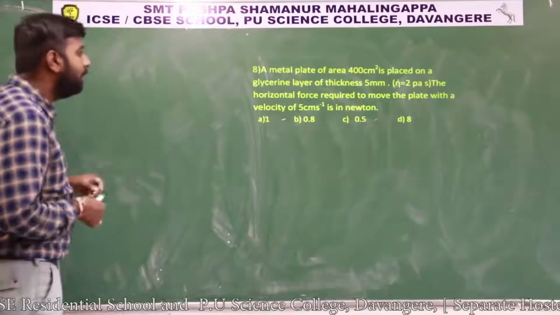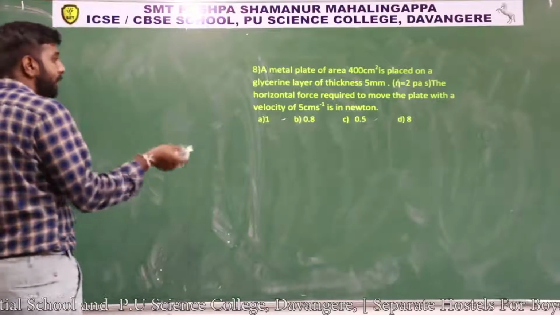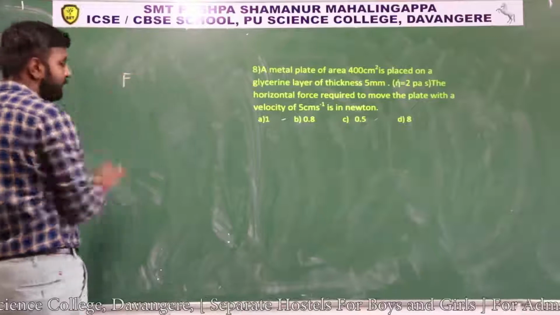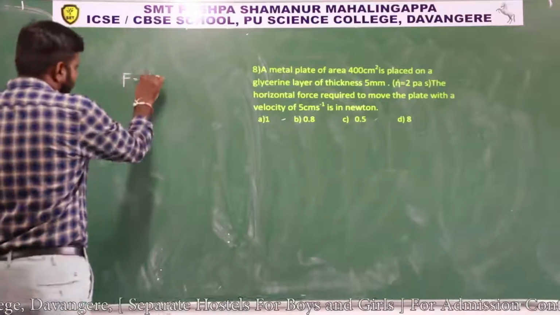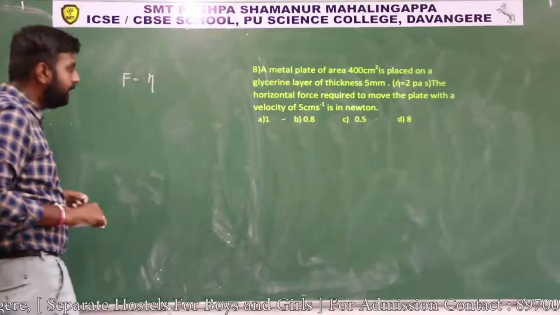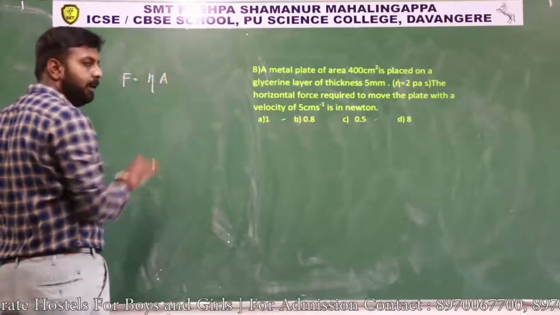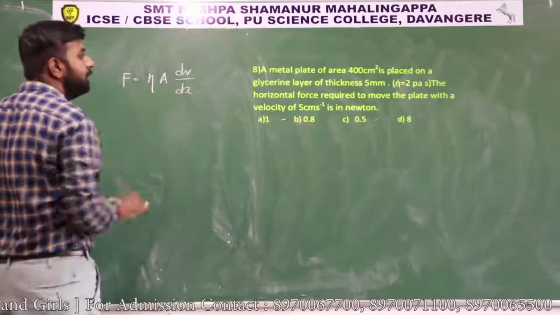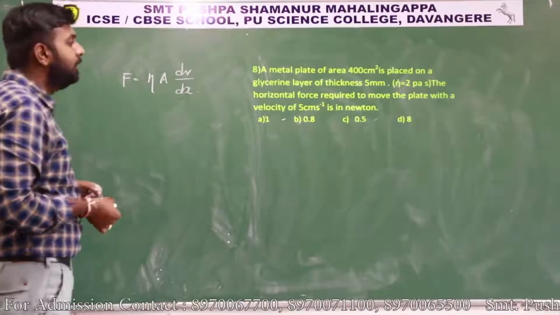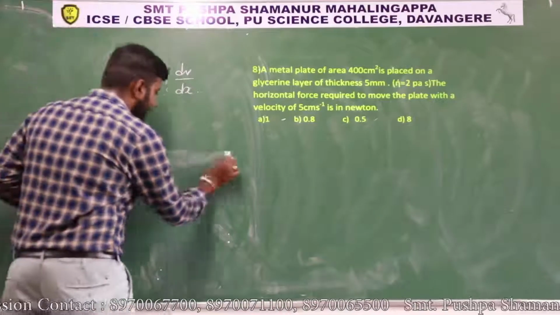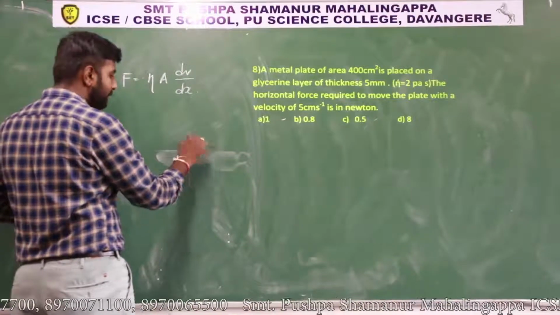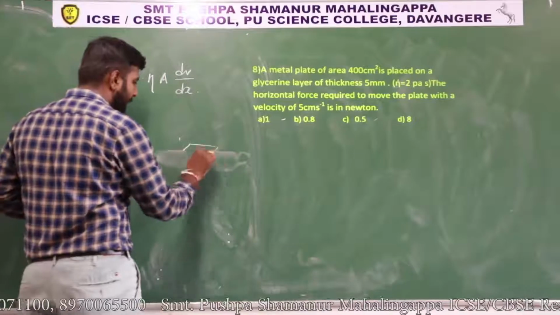So we know the viscous formula, the viscous force depends upon the coefficient of viscosity, area, dV by dx. Here in the glycerine there is a metal plate, suppose consider this is the metal plate.